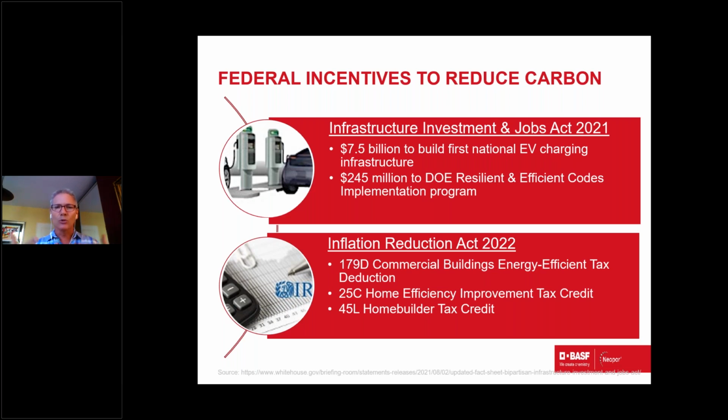A lot of other things too in the infrastructure, you know, piping replacements and dam replacements and different things like that. But embedded down in there, $245 million worth of Department of Energy money to help people have resilient, energy efficient codes and then figure out how to implement and train them. So that's very exciting. And then we had this Inflation Reduction Act that came out.